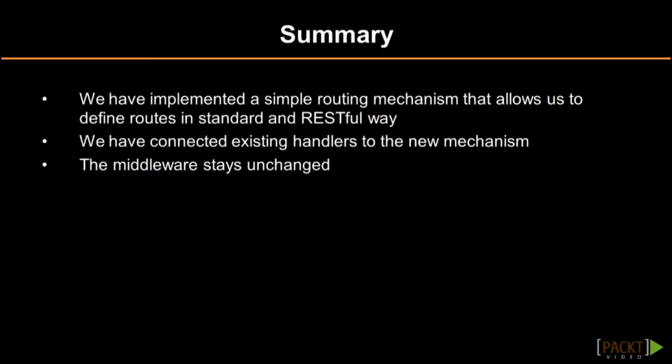This concludes the first part of the Building RESTful APIs section. We have implemented a simplistic routing mechanism that allowed us to provide RESTful routes alongside regular ones. In the next video, we will define REST mappings for a resource that will accept and return JSON data.